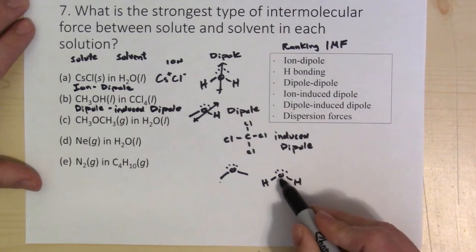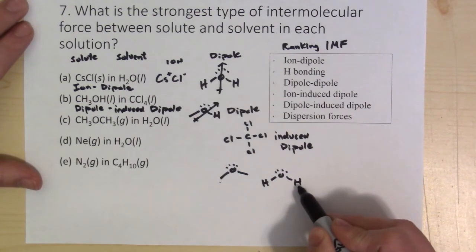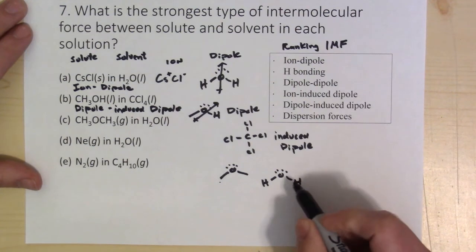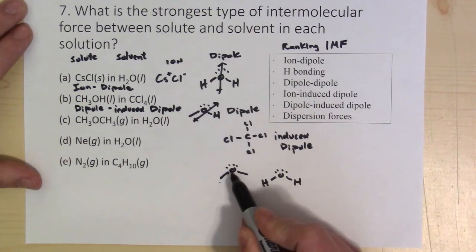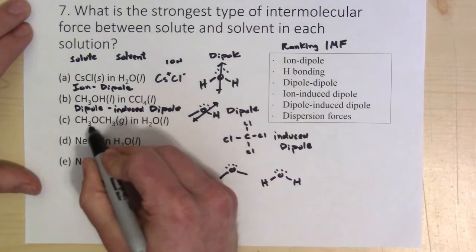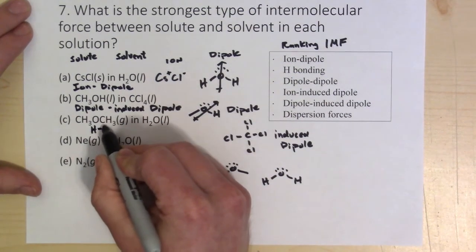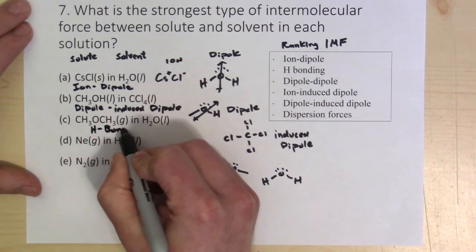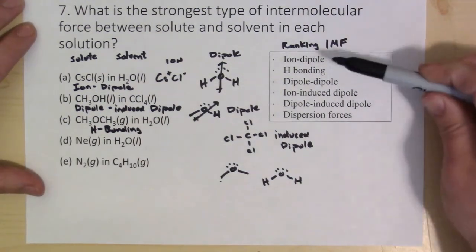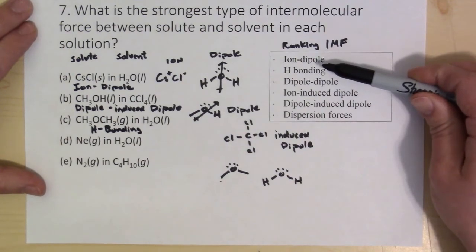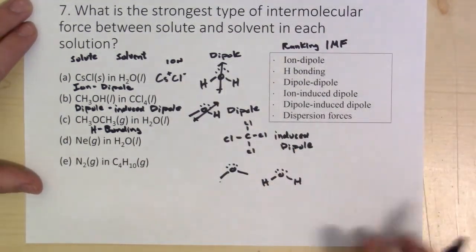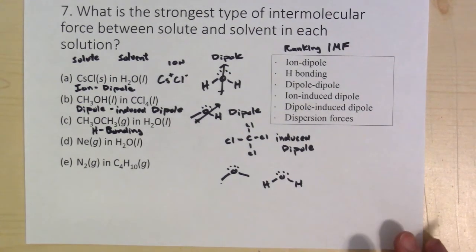So since we have an oxygen bonded to a hydrogen, you can have hydrogen bonding as long as you have a hydrogen bond acceptor, which we do in the other molecule. Oxygen there has a lone pair, so those two can interact through H bonding, which is the second of the strongest of the intermolecular forces. There's no ions present in either of those two, so hydrogen bonding is going to be the strongest force that they can interact through.